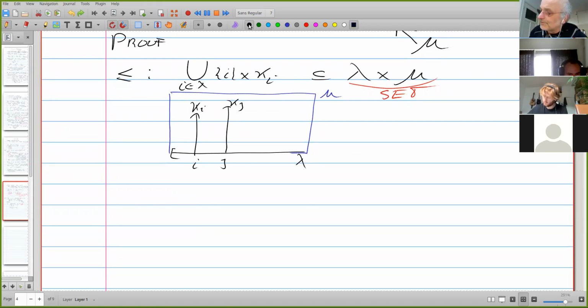How does the reverse inequality work? So we know that the cardinality of that union is less than or equal to the maximum of lambda and mu.